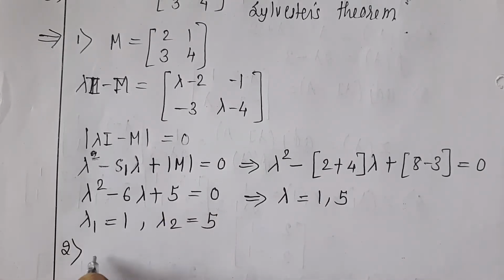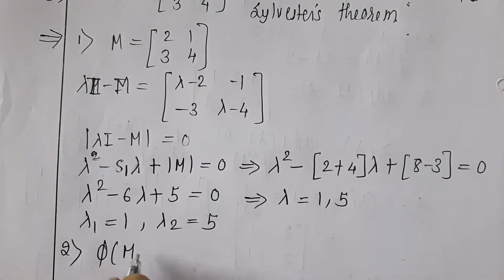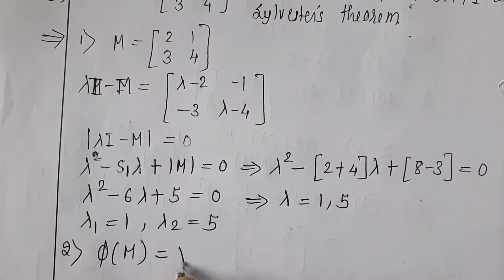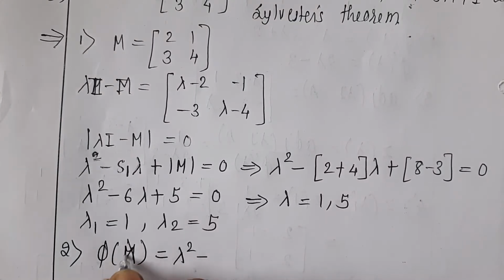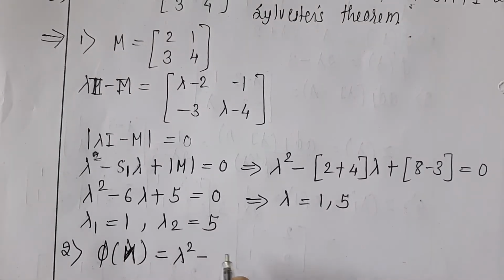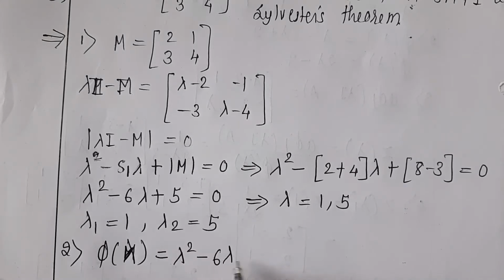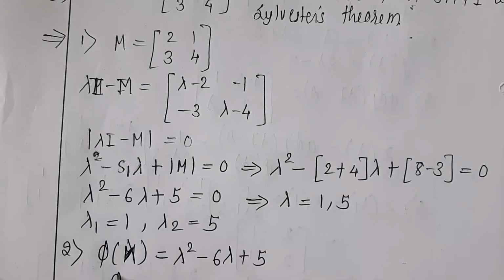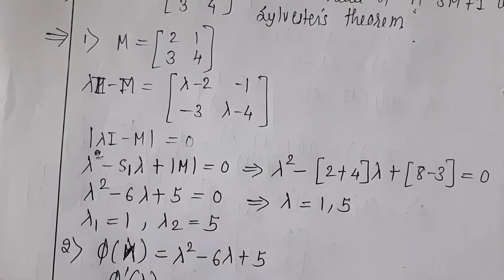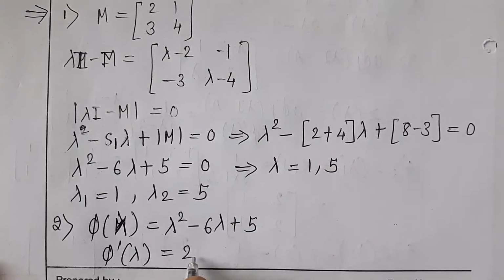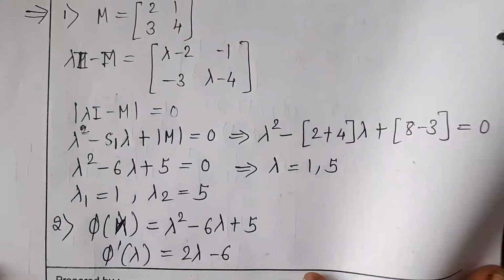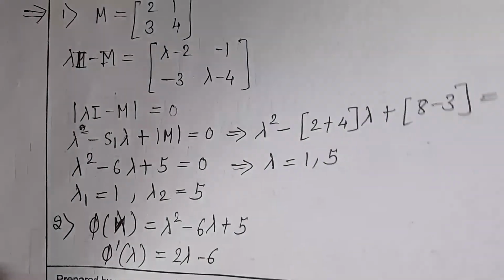Second step is to find phi of M. Phi of lambda is equal to lambda square minus 6 lambda plus 5. Now phi dash of lambda. Phi dash of lambda is equal to 2 lambda minus 6. Next we want Z of lambda.